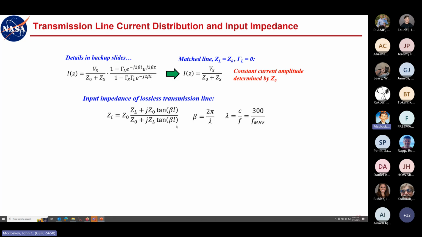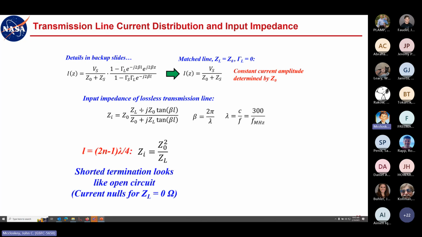But the real takeaway from this, and I go through all that in the transmission lines session, is that when the length of the cable is an odd multiple of a quarter wavelength, so when you hear us talking about quarter wavelength and half wavelength resonances, this is where that comes from. When the length is an odd multiple of a quarter wavelength, the apparent input impedance that you see at that distance from the termination is going to be the reciprocal of the physical termination.